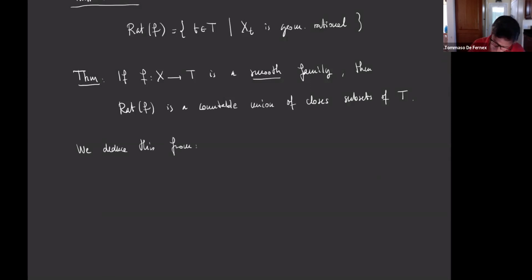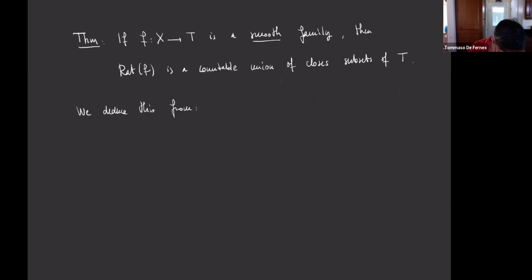We're going to get this theorem from two properties. The first one is a general property, which surprisingly was not in the literature. This is something that I did with Davide Fusi.